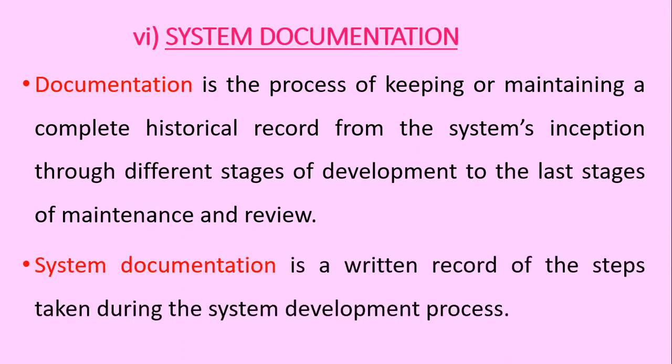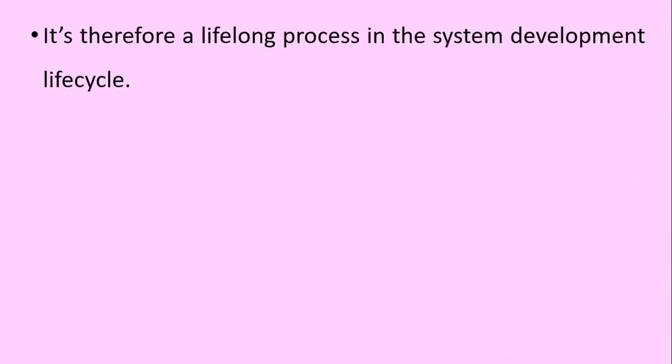System documentation is a written record of the steps taken during the system development process. It's therefore a lifelong process in the system development lifecycle because it's supposed to be done from the first stage all the way to the last stage in system development.